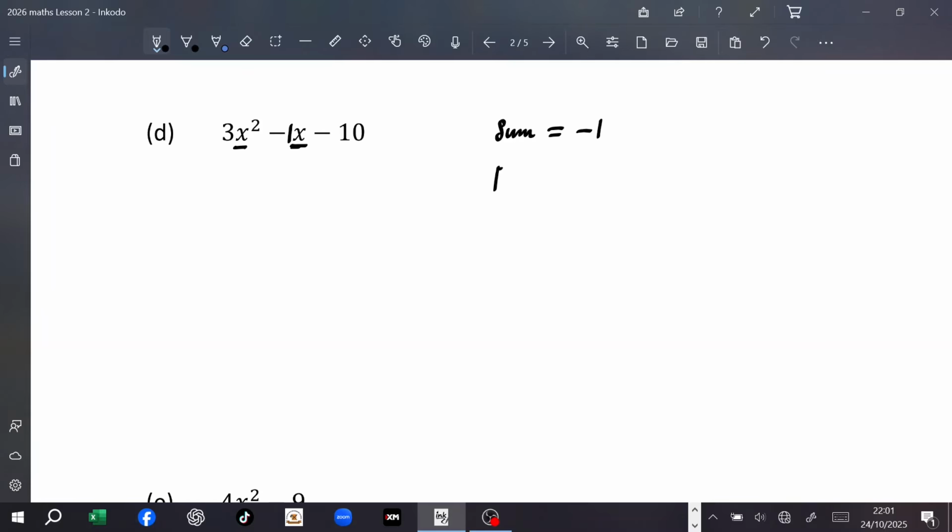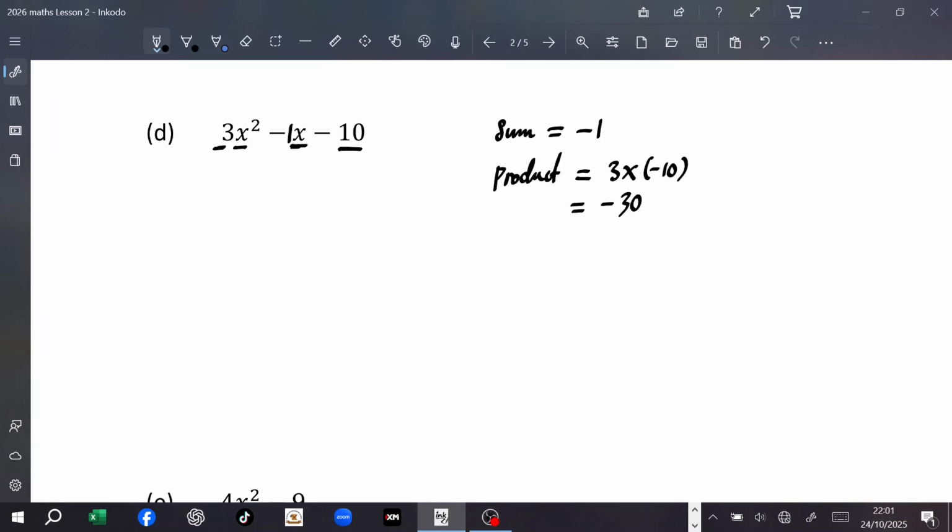Then the product will be the coefficient here and this one here. So it will be 3 times negative 10, which is giving us negative 30.